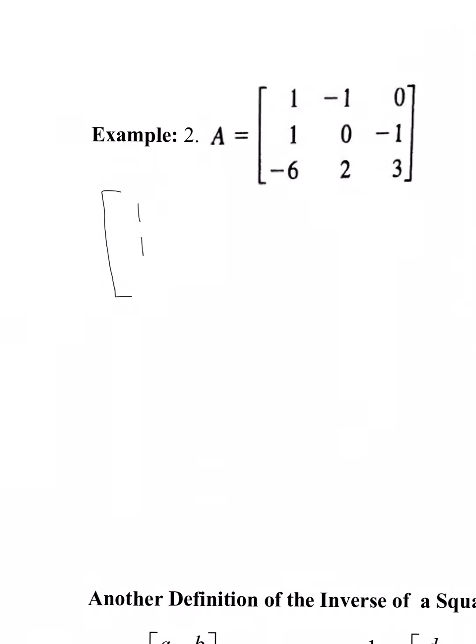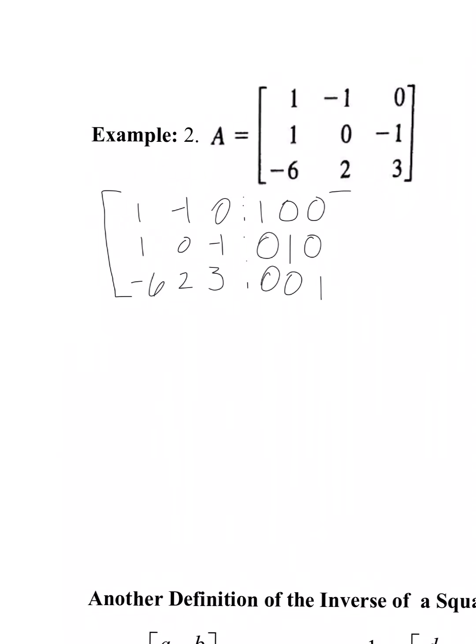So 1, 1, negative 6, negative 1, 0, 2, 0, negative 1, 3.